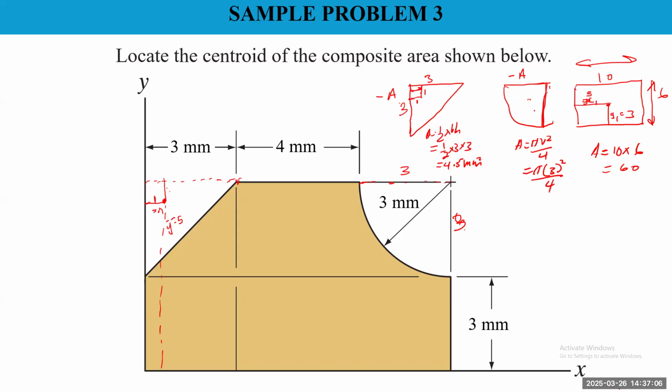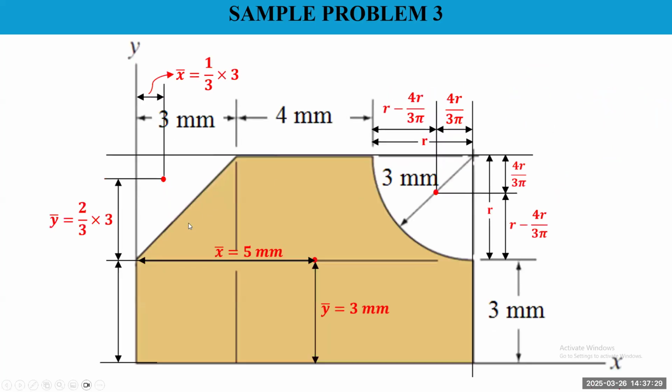All right, what about the circle? Or I should say the semicircle. Would you apply the rule? Let's look at the semicircle. Remember, it's the same formula, 4r upon 3 pi. It applies to both circles, whether a semicircle or a quarter circle.